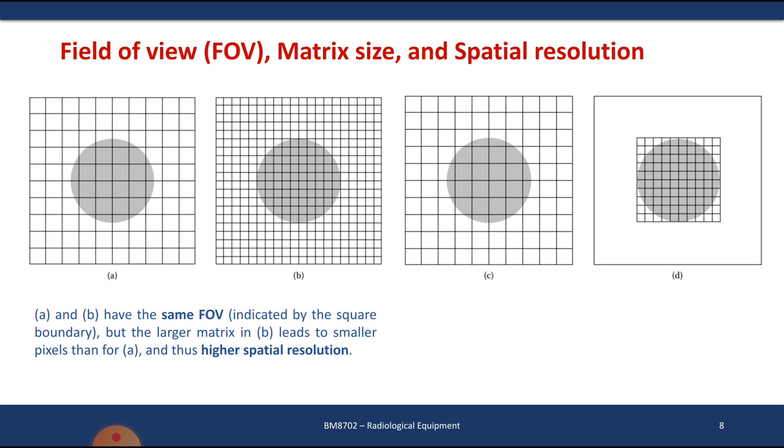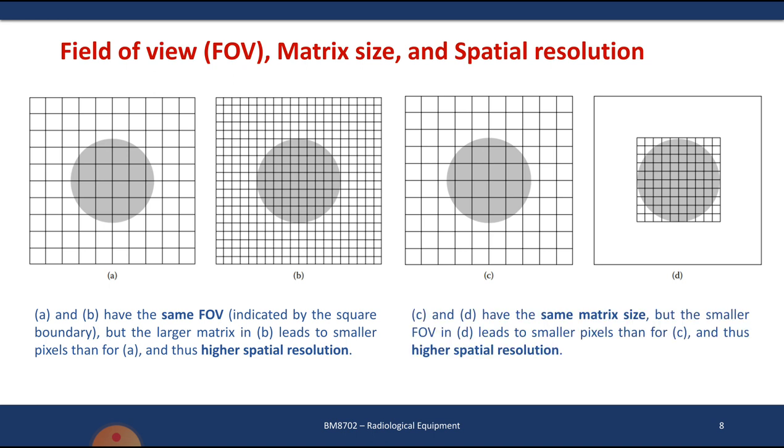Next thing is matrix size and spatial resolution. If you look at figure C and figure D, again you have the same circle, but the box size is varied. Figure C has a bigger box and figure D has a smaller box, but it has the same number of rows and columns. What does it mean here? C and D have the same matrix size.